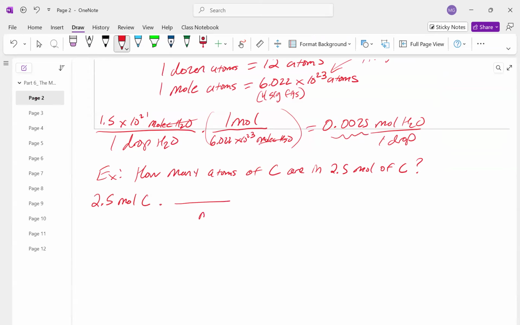So we want moles of carbon to cancel out, and we know that by using Avogadro's number, there's 6.022 times 10 to the 23rd atoms of carbon in 1 mole of carbon. So the moles cancel out, and that comes out to 1.5 times 10 to the 24th atoms of carbon.